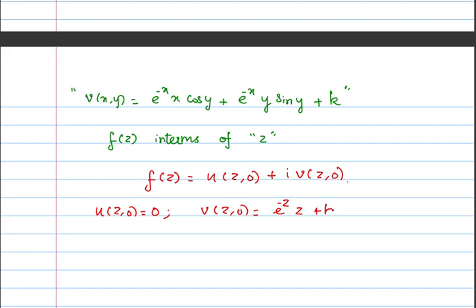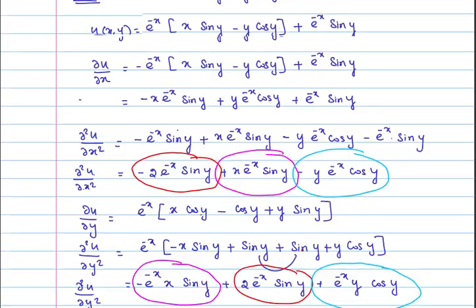Plus constant. So this implies f of z equals i times z e^(-z), where i is common, plus the constant. This is the required function f of z.